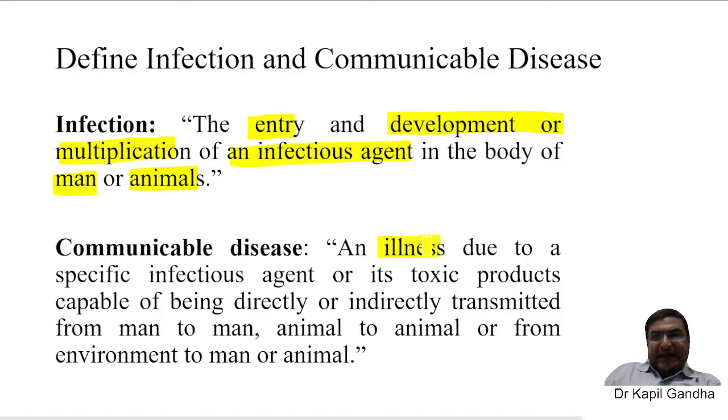It is an illness due to a specific infectious agent or its toxic products, capable of being directly or indirectly transmitted either from man to man or animal to animal or from environment to man or animal.